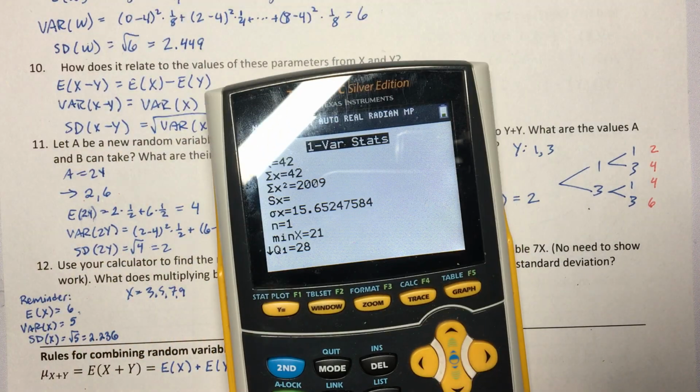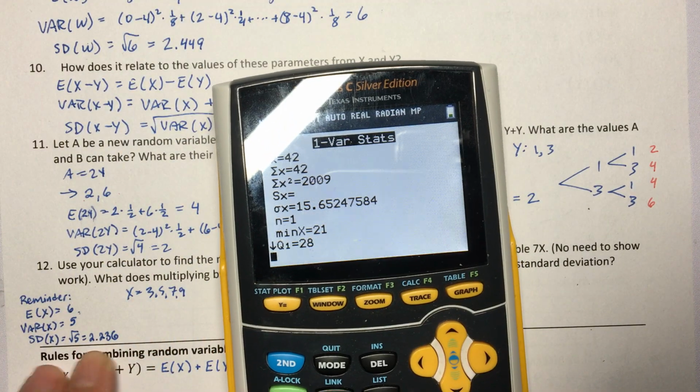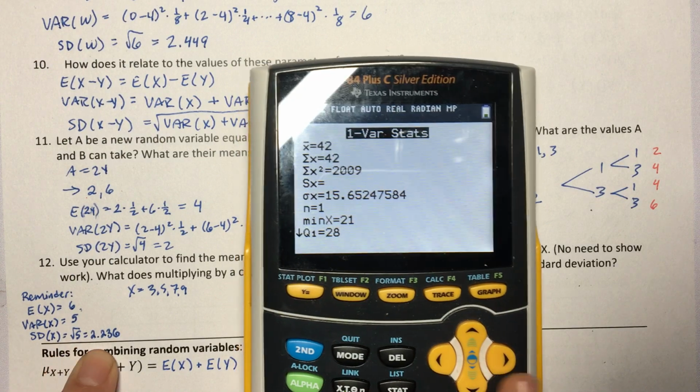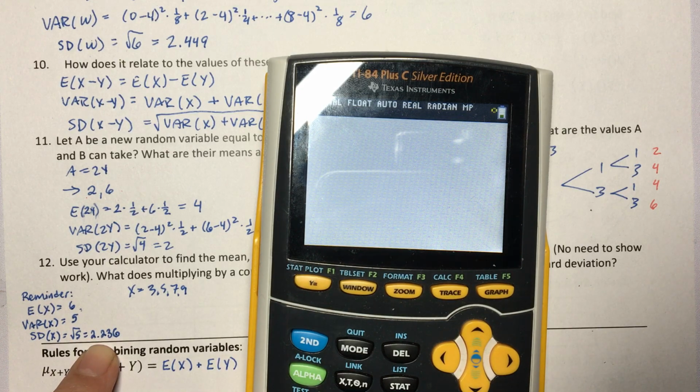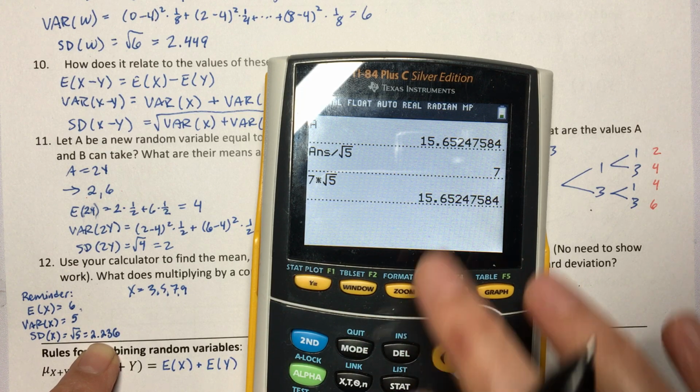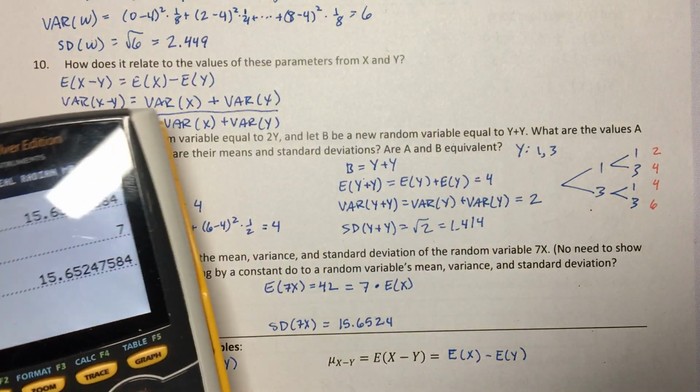Our original standard deviation was the square root of 5, or 2.236. If we take that 15.6524, which I've actually stored here, notice we're 7 times bigger. 7 times our original standard deviation of the square root of 5 is the same as our new standard deviation.